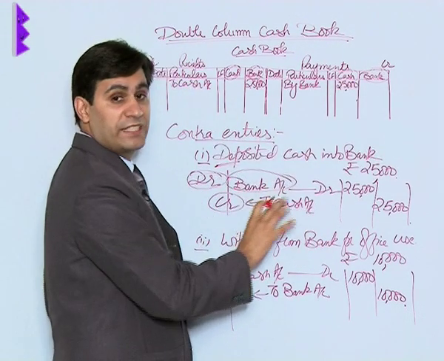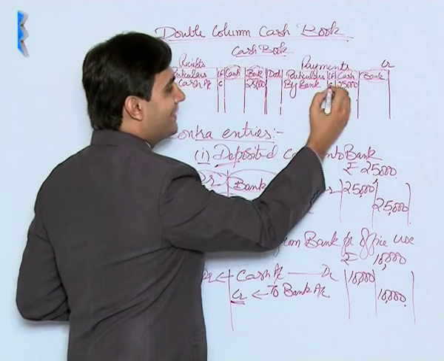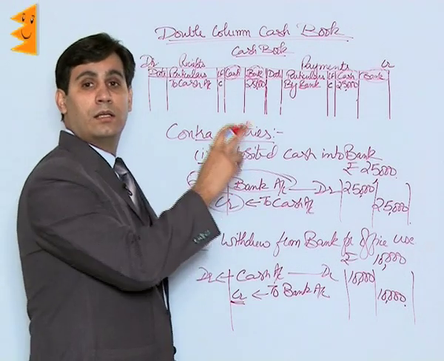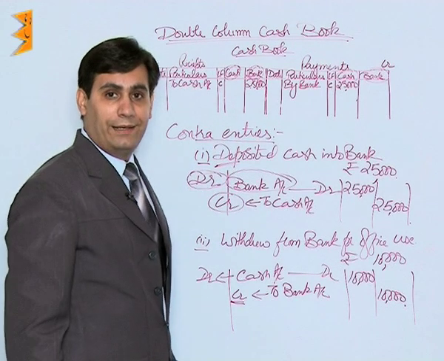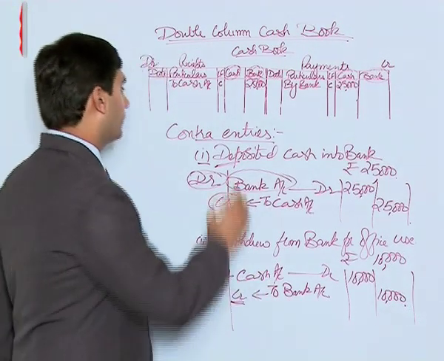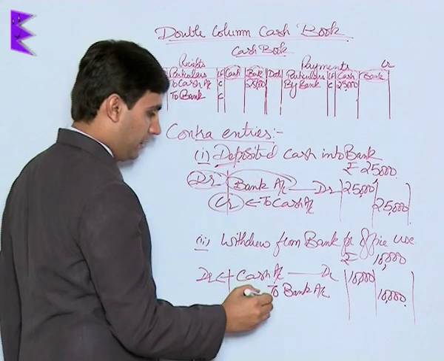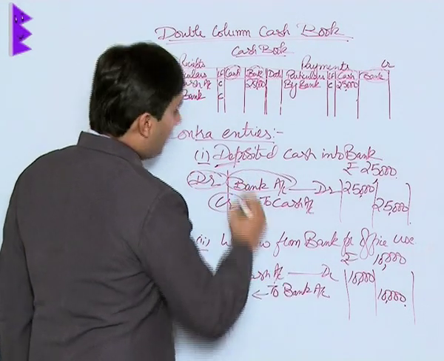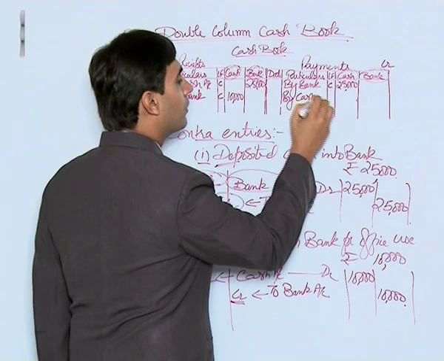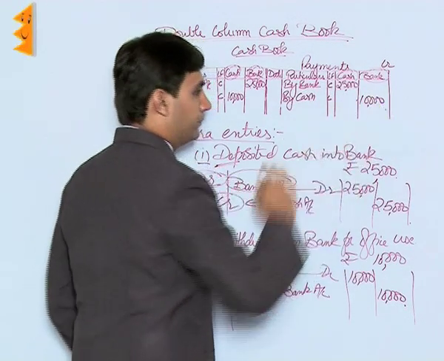Now both the postings have been made here. In ledger folio column, we'll write C against these two entries so as to signify that they are postings from a contra entry. Similarly, for the next transaction, that is cash to bank. Since we are receiving cash on the debit side to bank account, contra entry, in the cash column 10,000 and by cash, contra entry again, in the bank column 10,000.